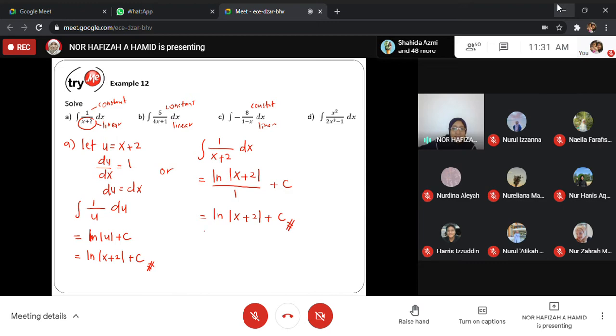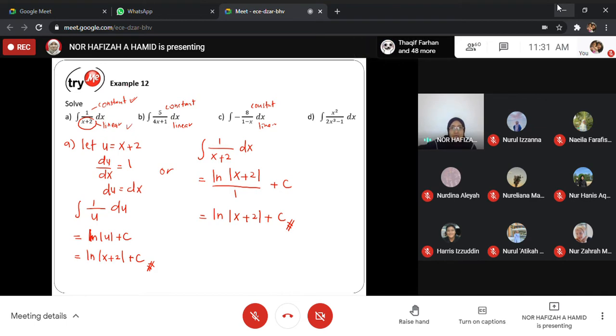So kalau you tengok dia dapat answer dia sama je kalau you solve using substitution or kalau you solve using formula. Cuma beza dia formula ni dia ada condition dia. Bukan semua you boleh solve pakai formula. So untuk solve pakai formula, condition dia numerator must constant and denominator must be linear.